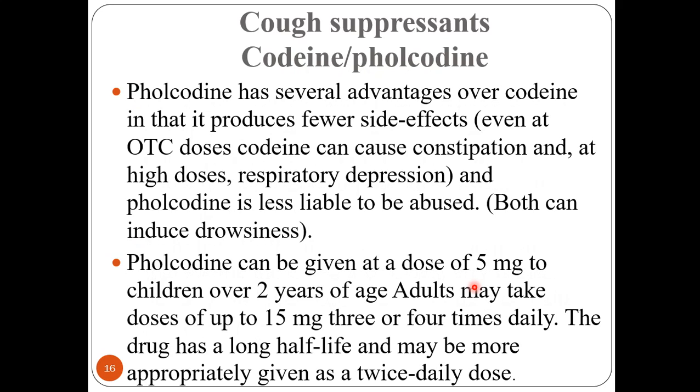Pholcodine has several advantages over codeine in that it produces fewer side effects compared with codeine. Even at OTC doses, codeine can cause constipation, and at high doses cause respiratory depression. These are opioids, and we know that one of the famous effects of opioids is that they cause constipation because they decrease GIT motility.